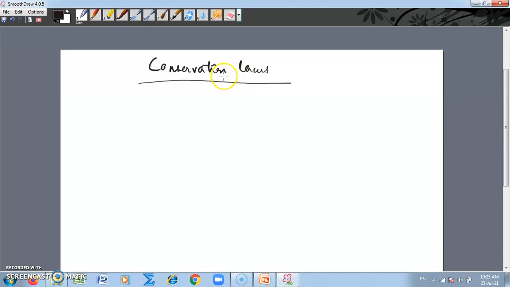See, first of all, we have conservation of energy, momentum.